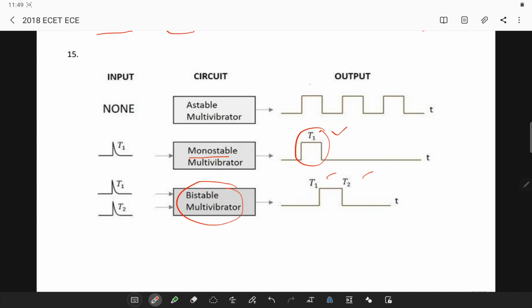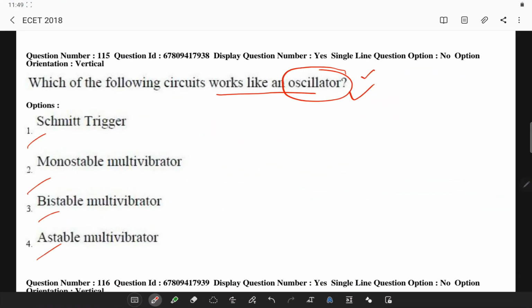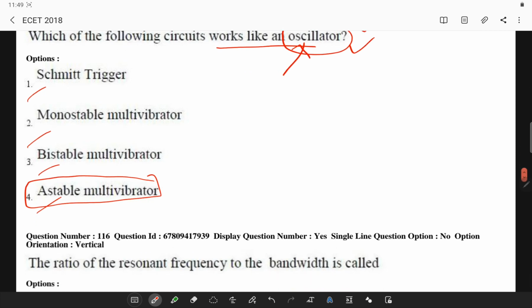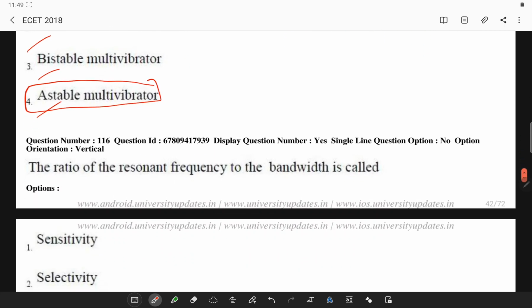But in an astable multivibrator, the states will vary from one state to another, and this is how your square wave will look. So among all, the astable multivibrator is the configuration in which you will get an oscillating signal. Oscillation is when you have two particular points which you have to remember.